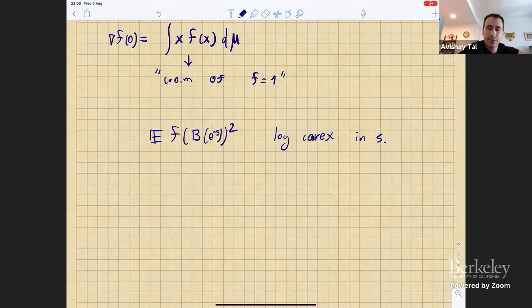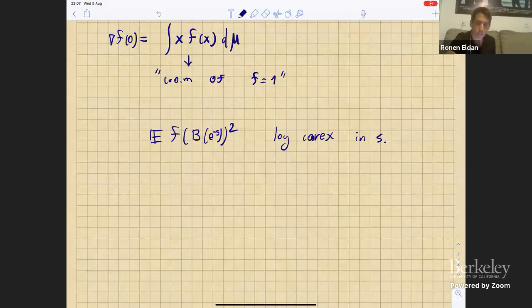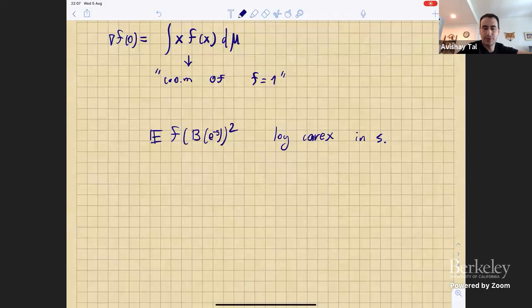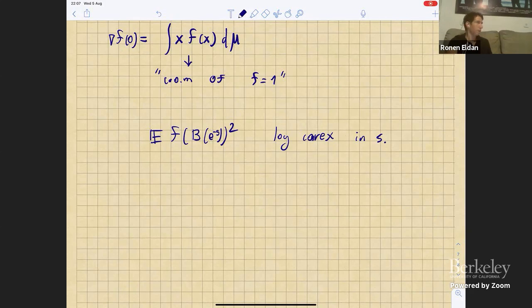I think we have another question in the chat. Right, does the technique allow you to prove log Sobolev inequalities? Yes.